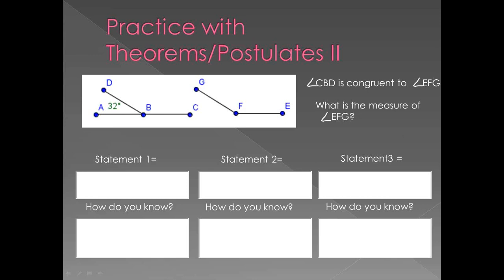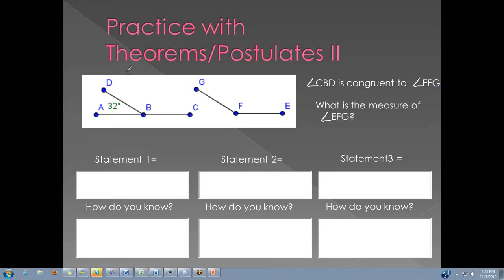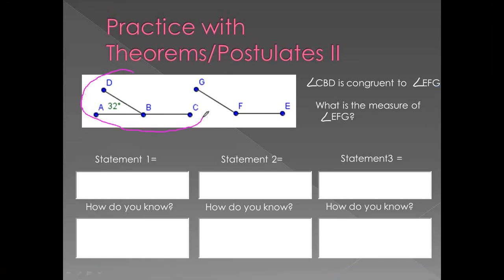We need to do a couple of things before we can figure that out. So before we move on to EFG, let's look at what we have over here. So we're going to work with this first. What do we know about these two angles?